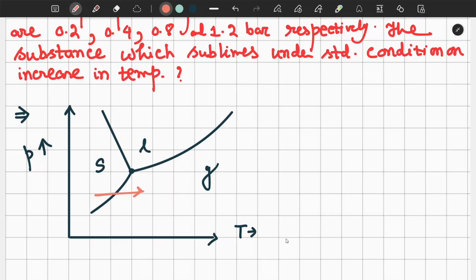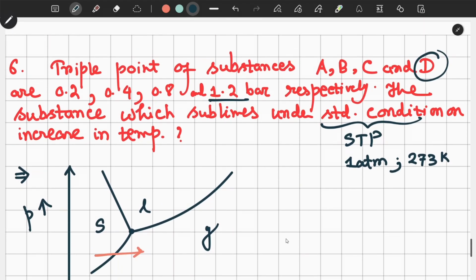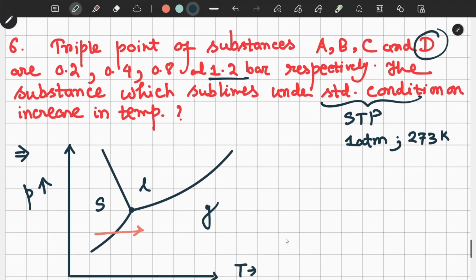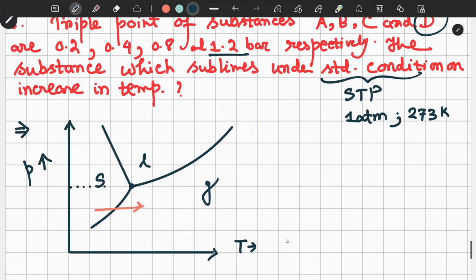The standard condition means STP, 1 atm, and 273 Kelvin. So here you see, only for substance D, the triple point is 1.2 bar. So the standard pressure is under this triple point.